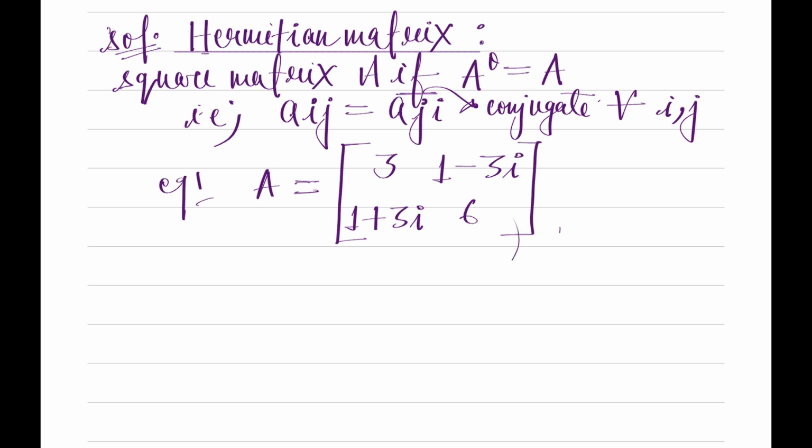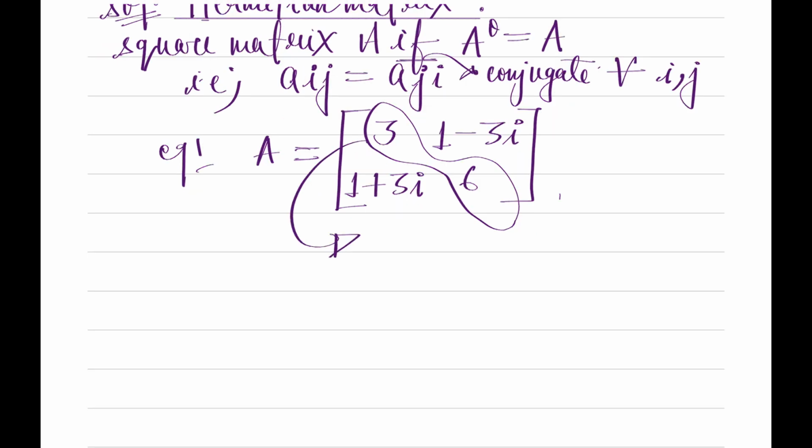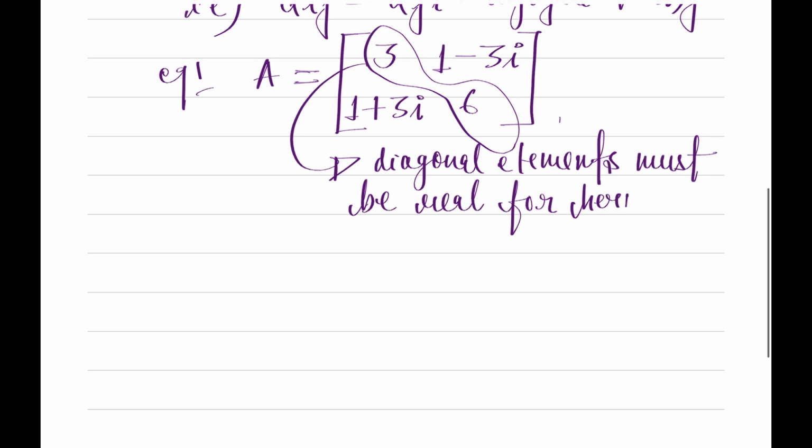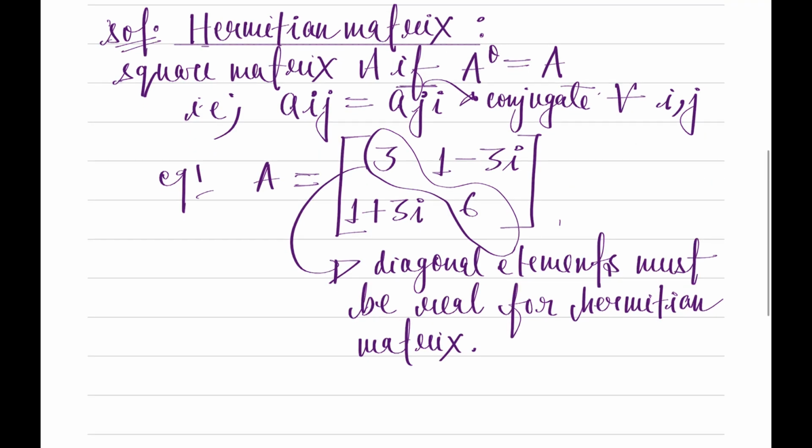Now this becomes our matrix A. For a Hermitian matrix, diagonal elements must be real.